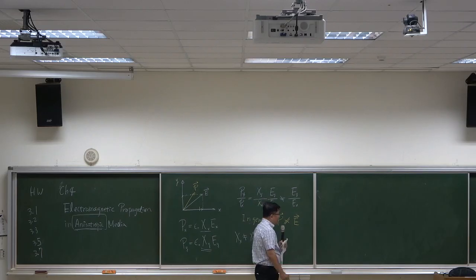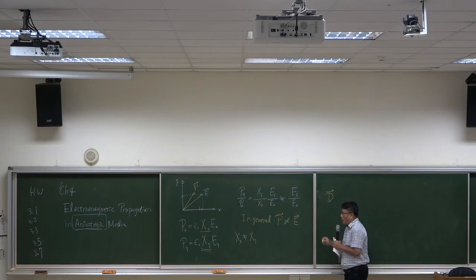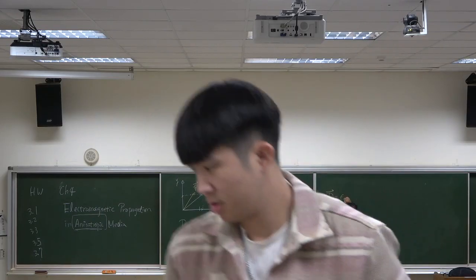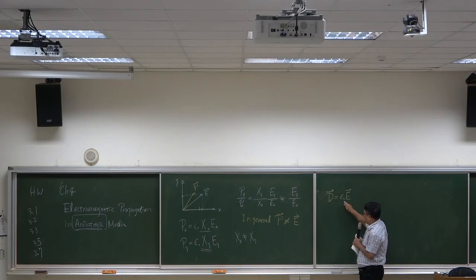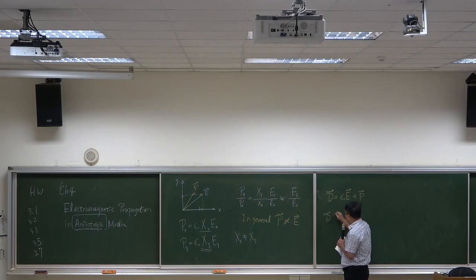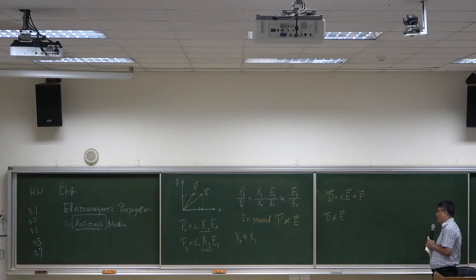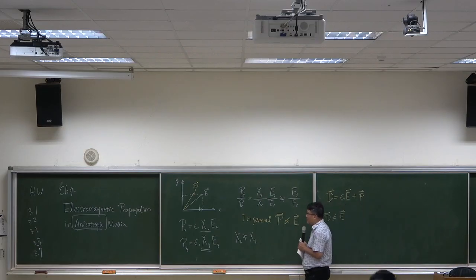So this also implies that when we consider the D vector displacement field, D vector is the sum of epsilon 0 E plus P. So D vector is also, in general, not parallel to the direction of the E vector.